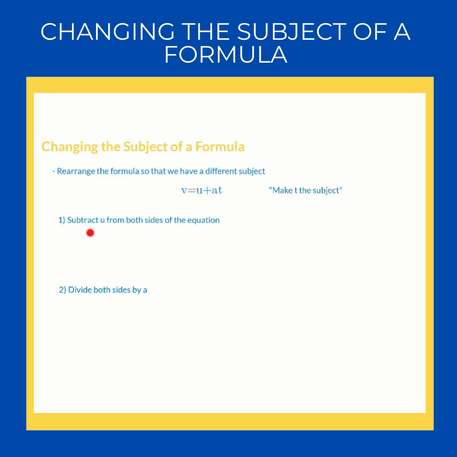So I will subtract U from both sides of the equation. I have minus U here and minus U here as well. So I get V minus U equals AT.